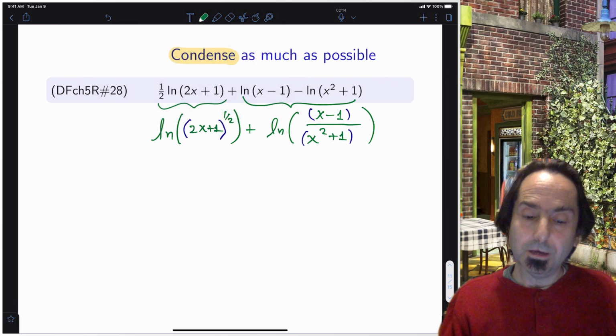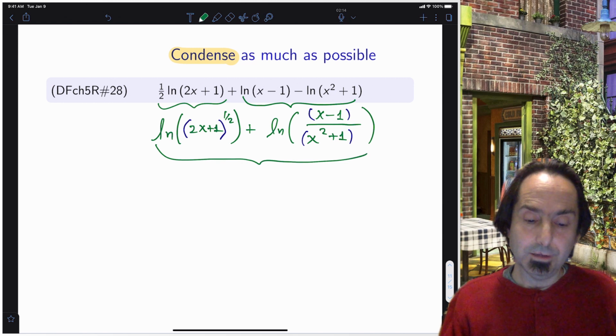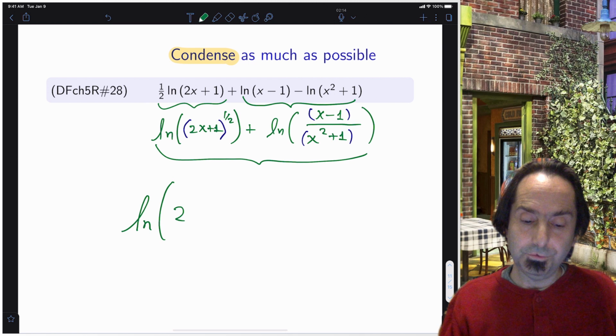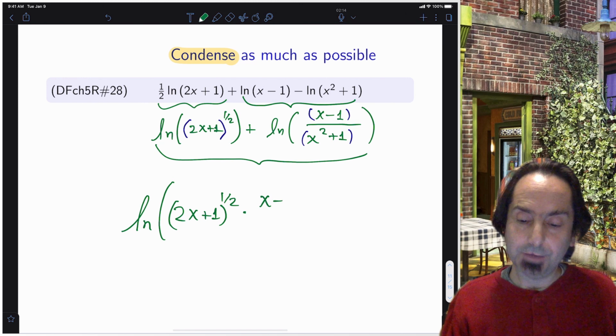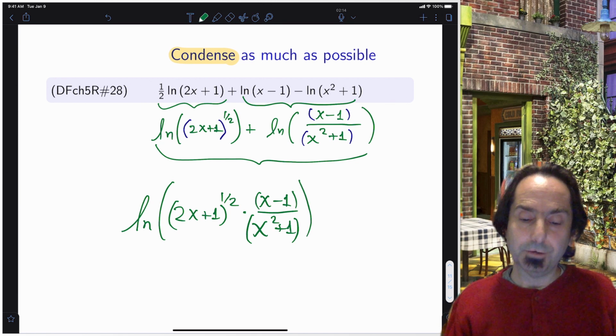And now I can put these together and get the natural log of 2x plus 1 to the 1/2 times x minus 1 over x squared plus 1, and put a box around that.